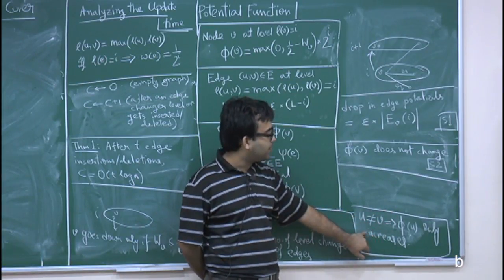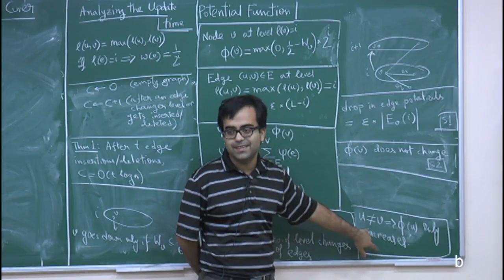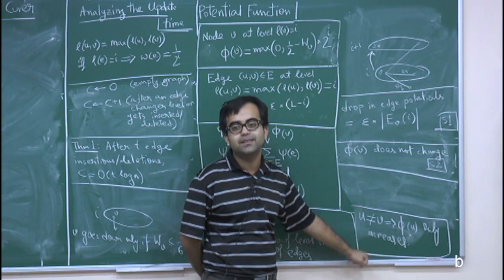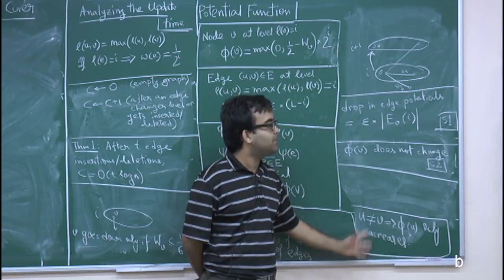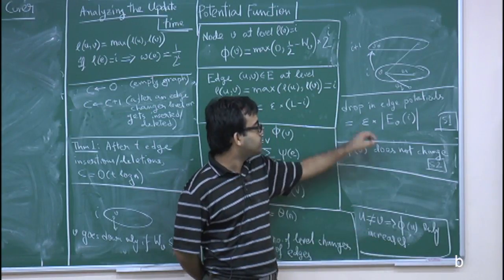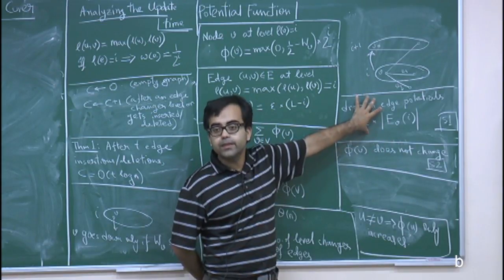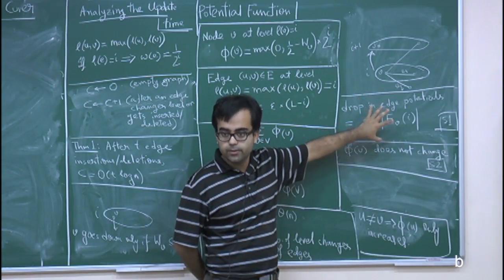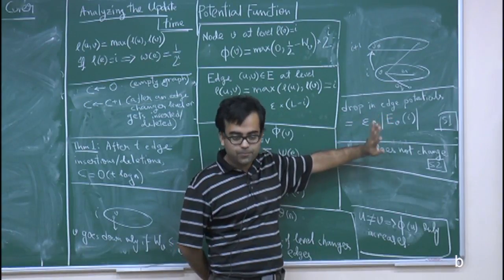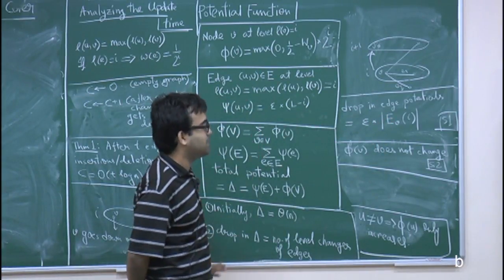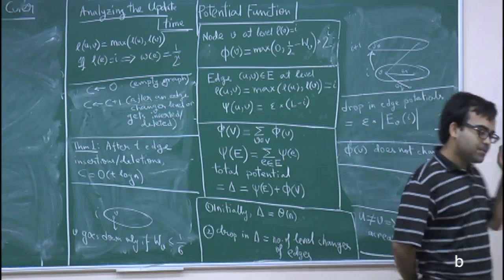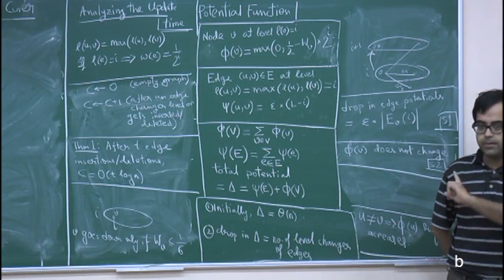But here we have found out something else, that the node potentials of its neighbors are increasing. So, we need to bound this increase and show that this increase is less than the drop in the edge potential, that we need to show. And for that I need to just redo this thing, I just made a silly mistake there. So, it is 1:15, let us stop here, we will continue next class.